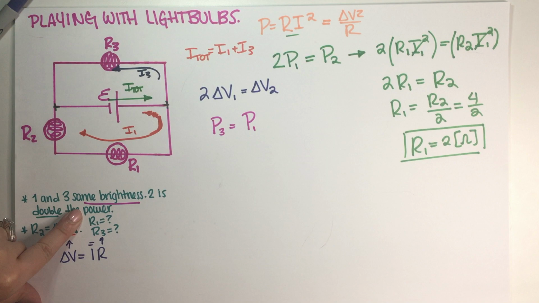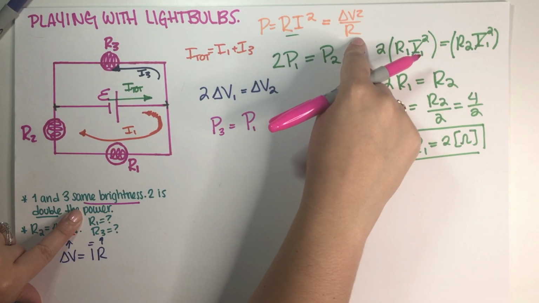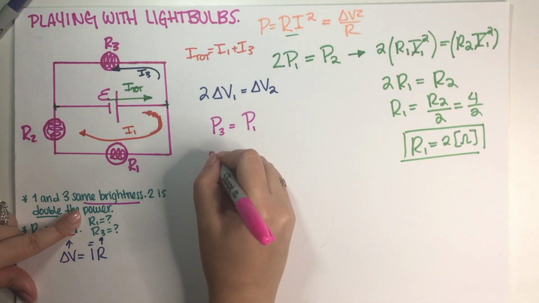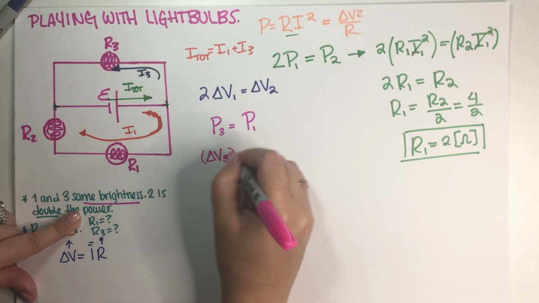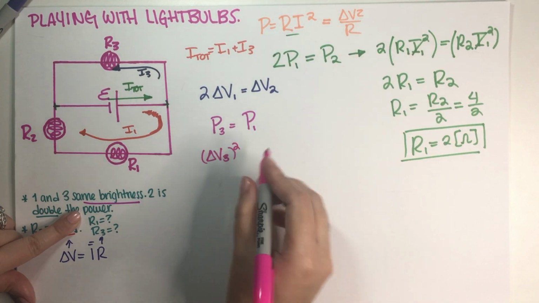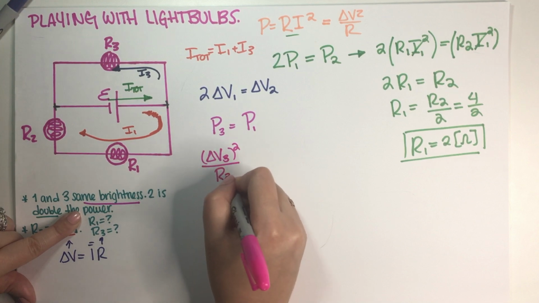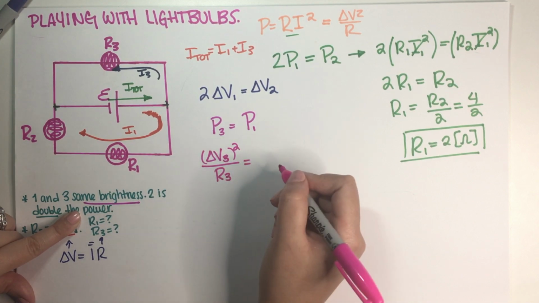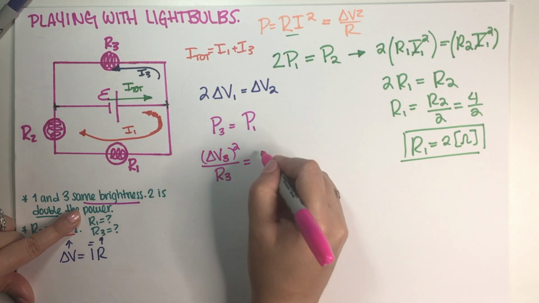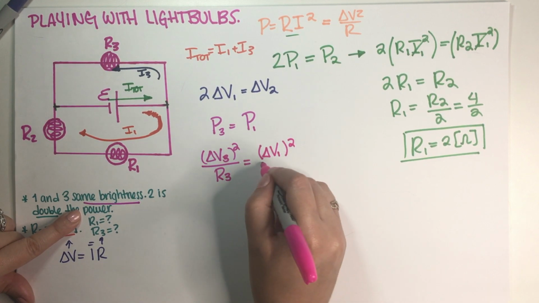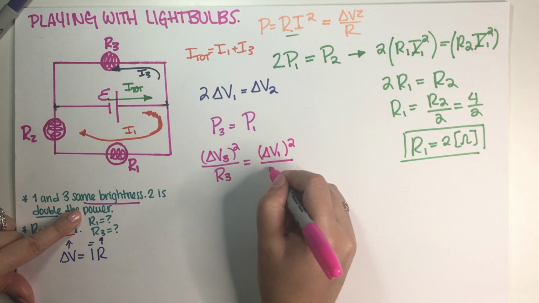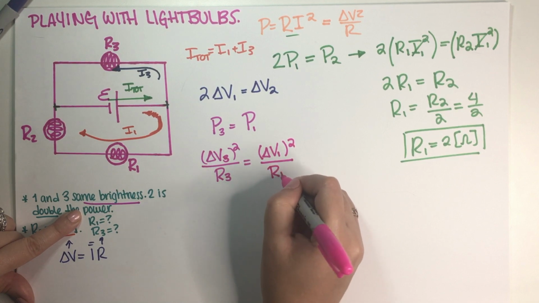Now, let's use delta V. So delta V across resistor 3 squared, divided by resistor 3, has to be equal to delta V across resistor 1 squared again, but now divided by resistor 1.